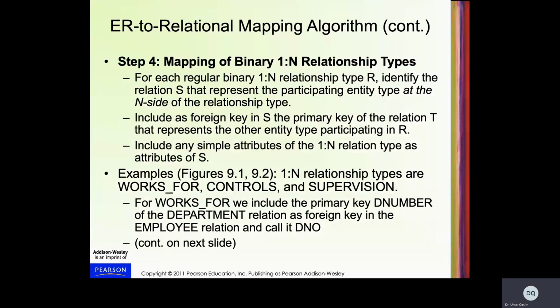Now, the next mapping is one-to-many relationship mapping. In one-to-many relationship mapping, how we do it is basically we take the primary key of the entity or table on the one side and put it as a foreign key in the many side table.